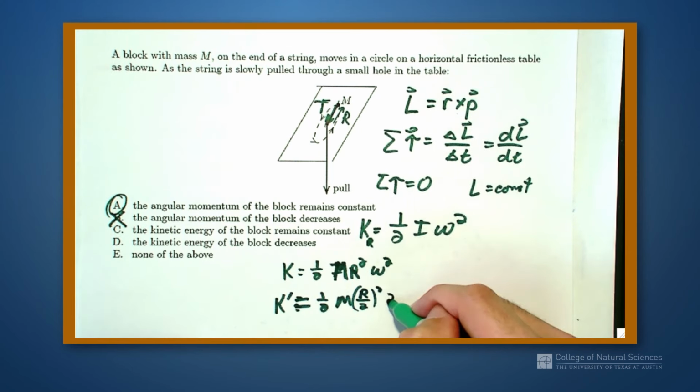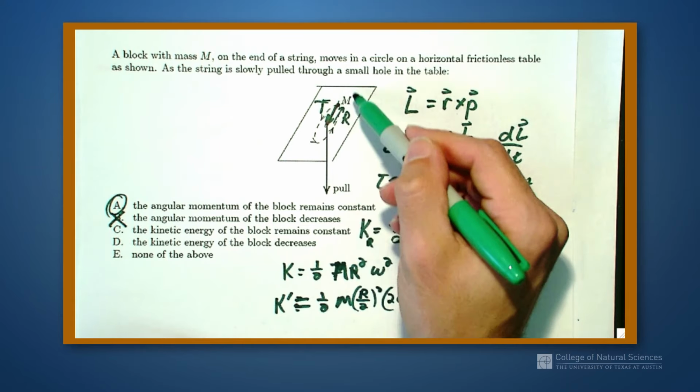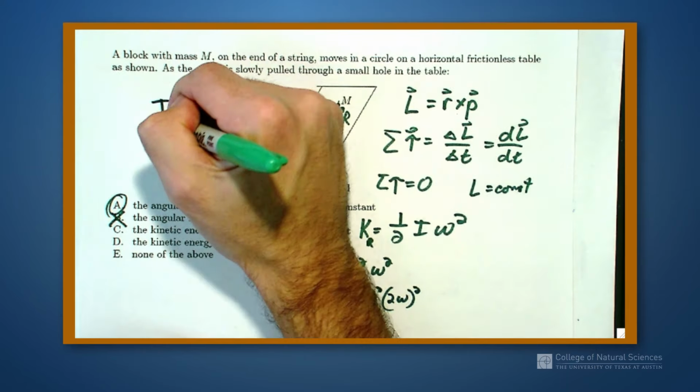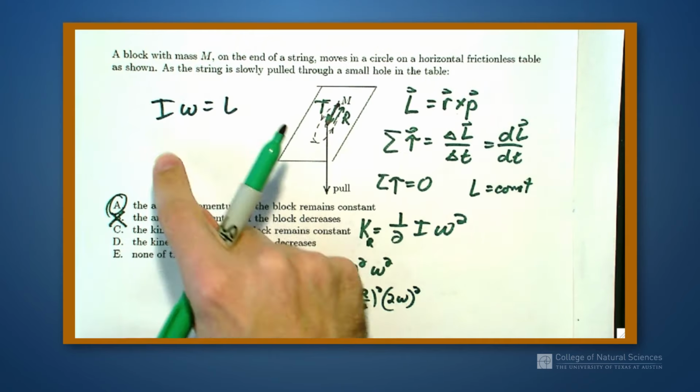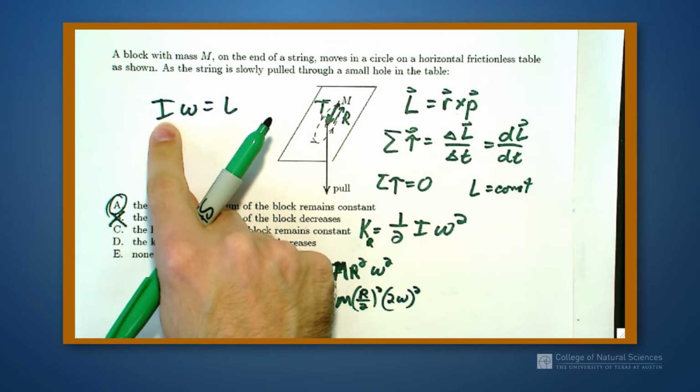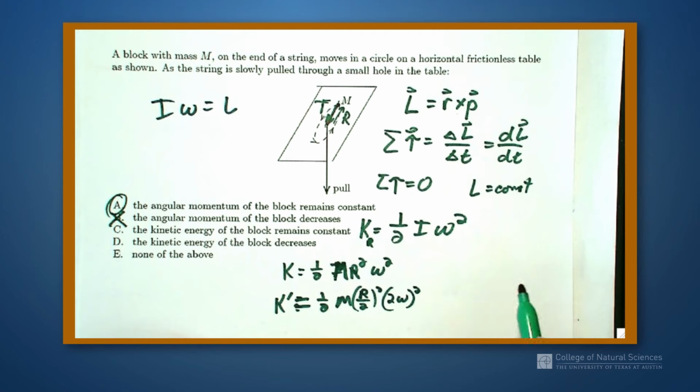So what's actually going to happen is I'm going to get 2 omega. If I go half the distance in, I go twice the speed. I omega is equal to L, so if I decrease my moment of inertia, my kinetic energy is actually going to increase. It's not going to be what I wrote down.